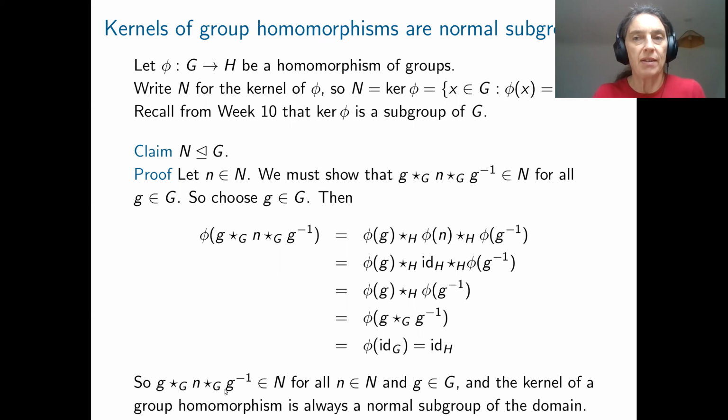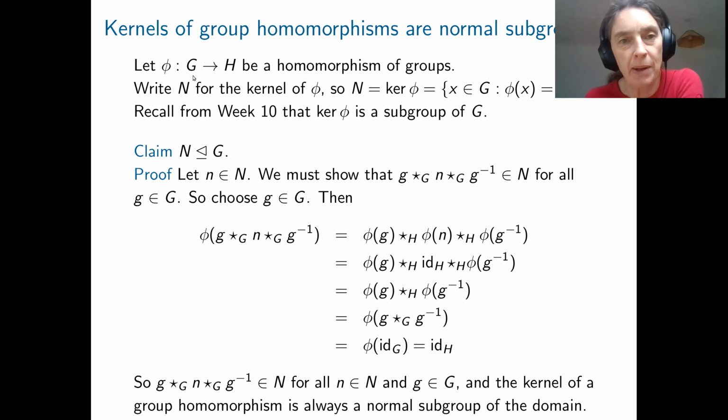Okay, one of the assertions there was that the kernel of a group homomorphism is always a normal subgroup. So let's see why that's true. Let's recall from last week that if phi from G to H is a homomorphism of groups, that means that phi is a function from a group G to a group H that respects the group structures, that it's compatible with both group structures.